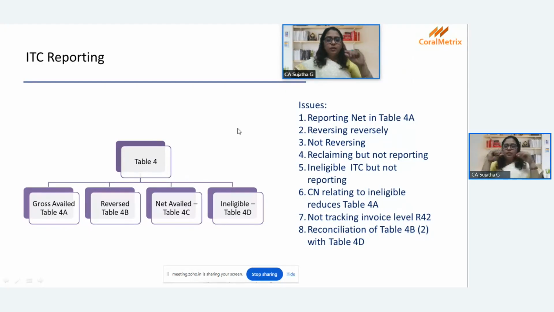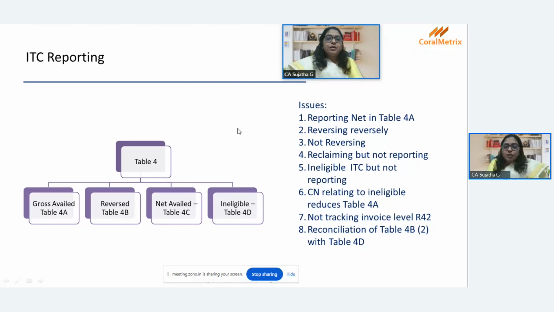So, reversing any input tax credit, I will tell you what all the issues are first. When it comes to table 4, in particular table 4A, which shows the gross available input tax credit, it means that all the input tax credit, whether eligible, ineligible, or blocked, irrespective of whatever it is, everything needs to be included in the gross available input tax credit in table 4A.